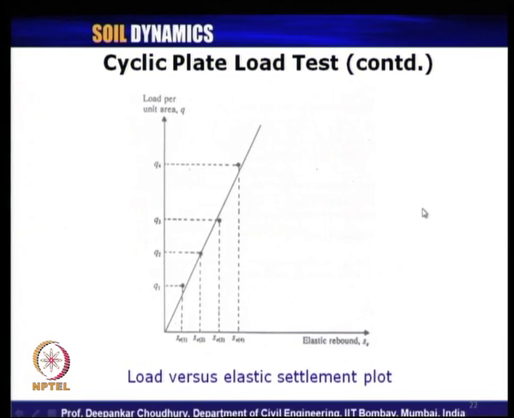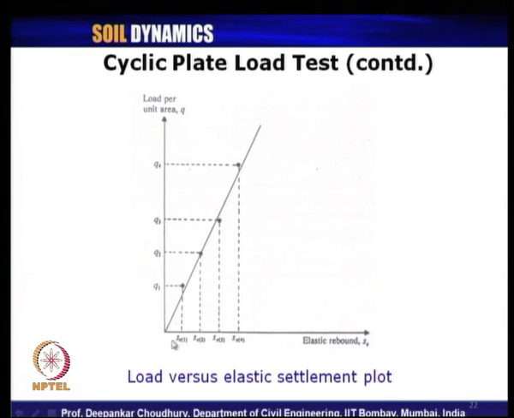So, what we are doing next? Next we are drawing another plot with the y axis as load per unit area, that is small q, and the x axis as elastic rebound or elastic regain or elastic settlement, which we have just now estimated from the original load settlement curve of the plate load test.